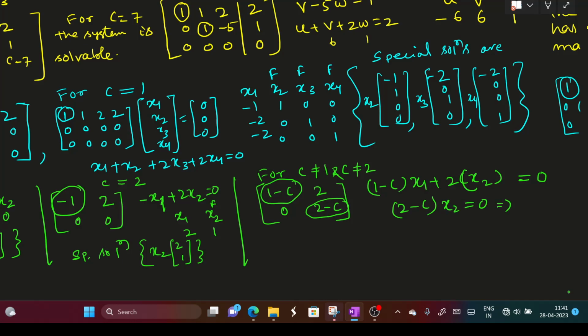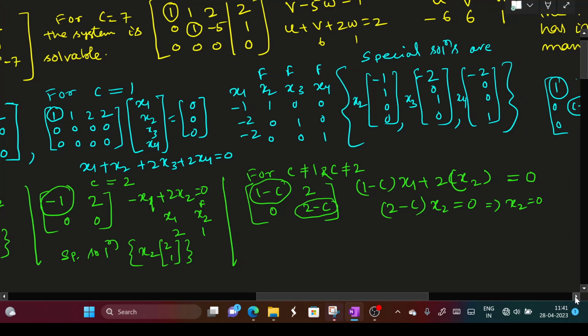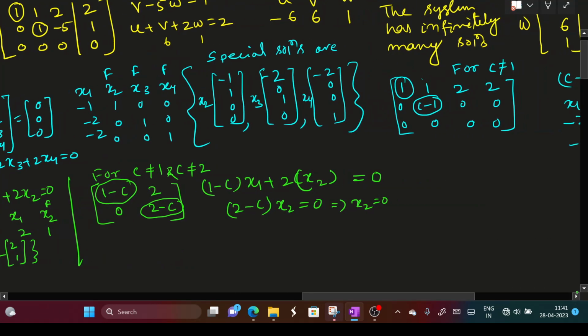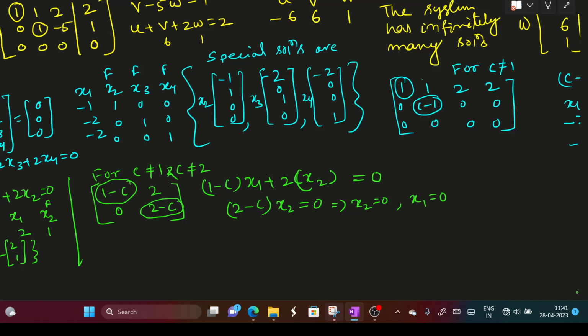That implies x2 is equal to 0, that implies x1 is equal to 0. So finally, in this case, it has a unique solution, that is x1, x2 is equal to 0, 0.